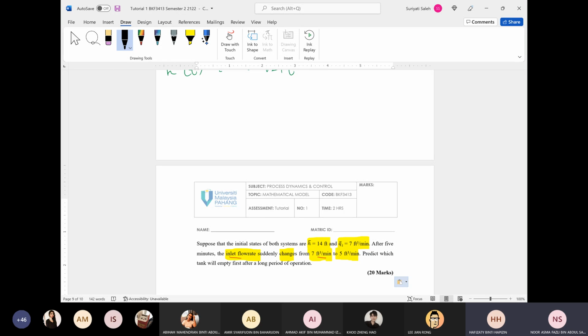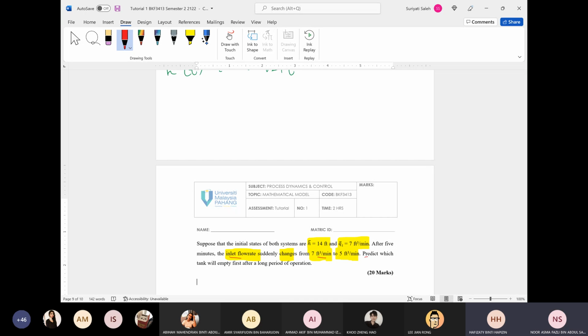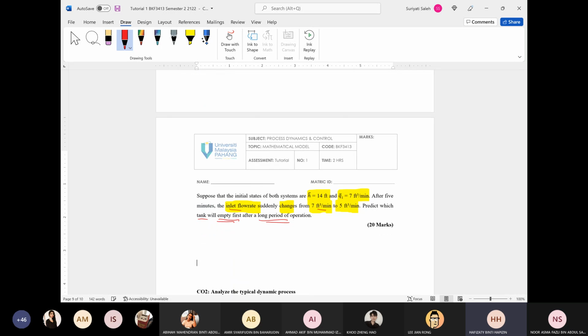After 5 minutes, the inlet flow rate has been changed from 7 to 5. Predict which tank will empty first. This is the question asked by the test. Predict which tank will empty first after a long period of operation. Alright. So we have the H prime over t. Now case 1, pump.